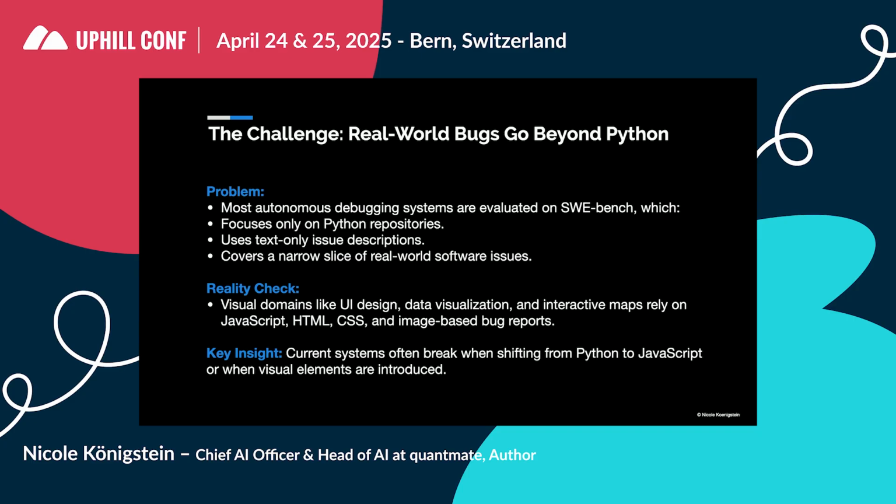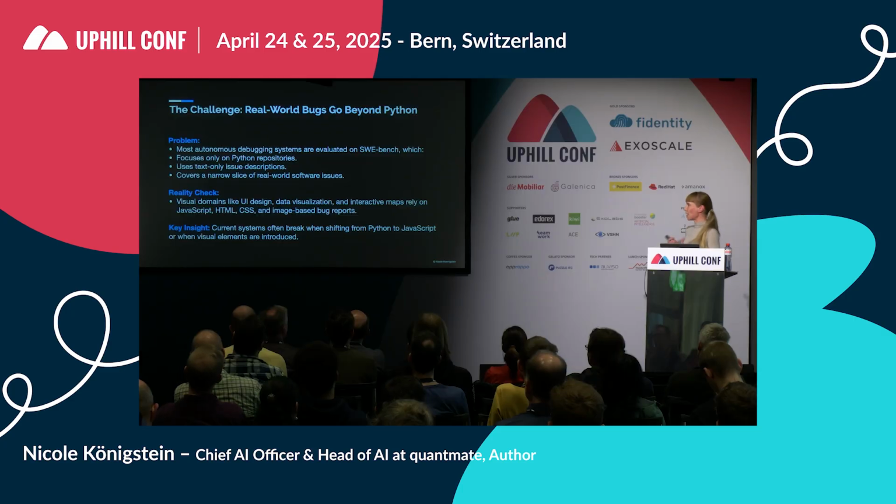For most things, it's really more focused on Python repositories. It's only text-based descriptions, really narrowed down to that. So the key insight is that the current systems are not good. They break if you're going from Python to JavaScript, for instance.